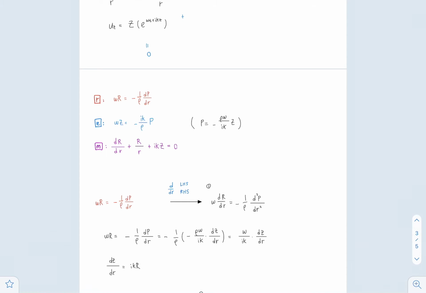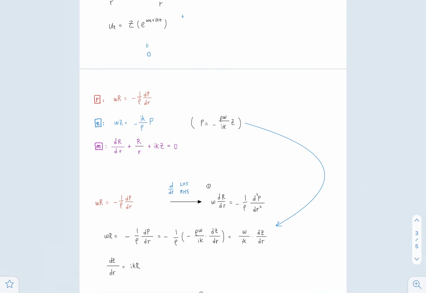Okay, and we also know that from this equation, we can also earn the second relationship using this z term. So I just told you that this p and z are related by this function.